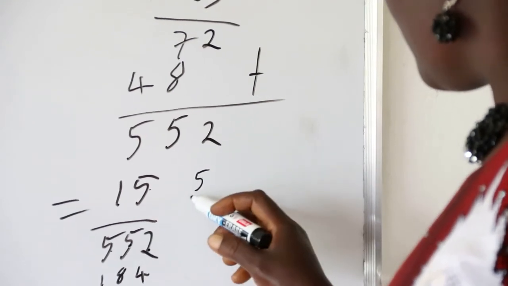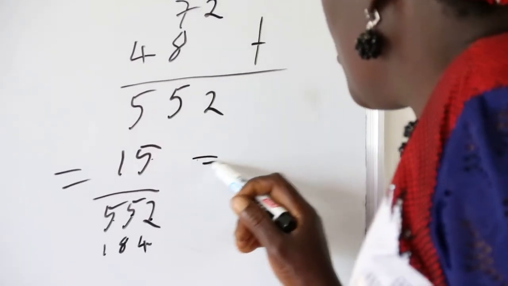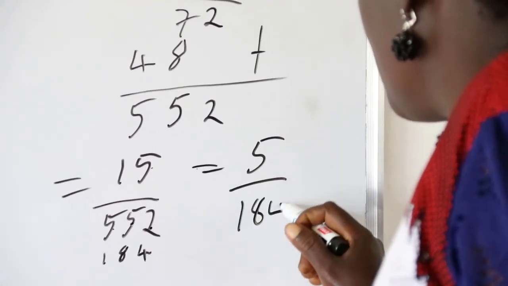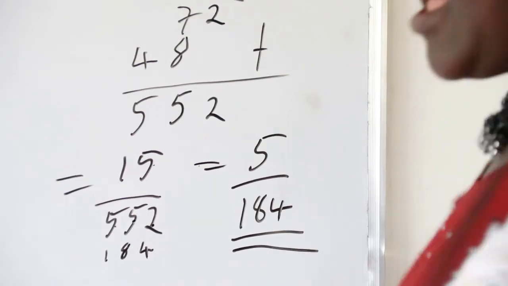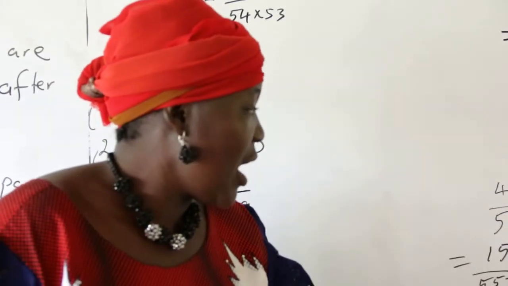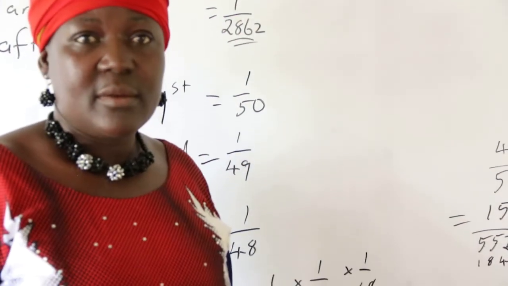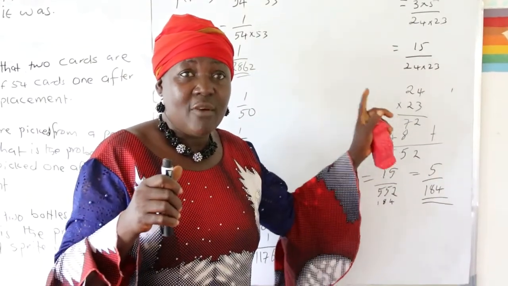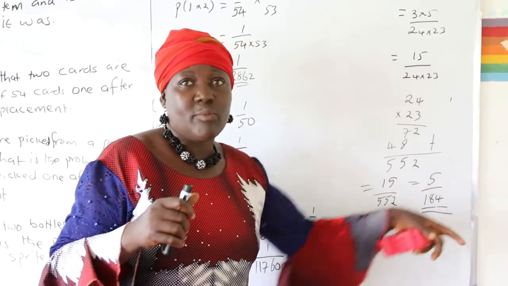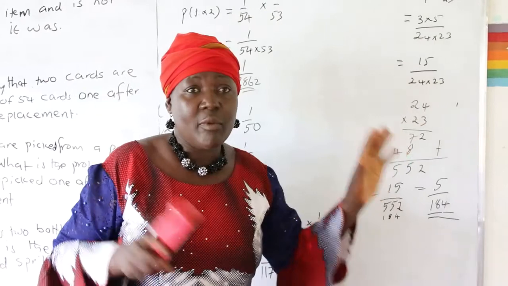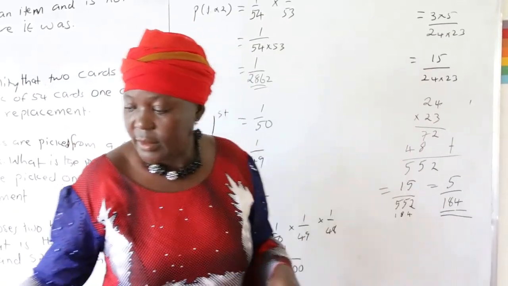So our answer will be equal to 5 all over 184 in its simplest form. You can also write the answer in decimal form. If you divide this on your calculator, you punch 5 divided by this, you get 0 point something. Whether you write it in this form or in decimal form, you are correct.